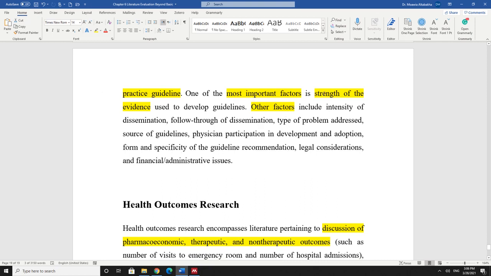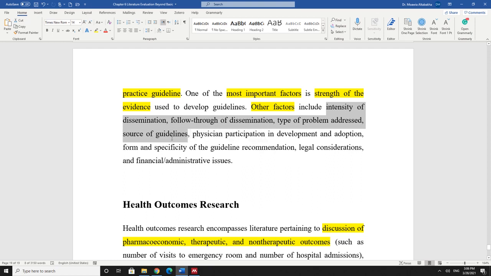I'm talking here about the most important factor, which is evidence. Other factors are intensity of dissemination, follow through of dissemination, type of problem addressed, source of guidelines.